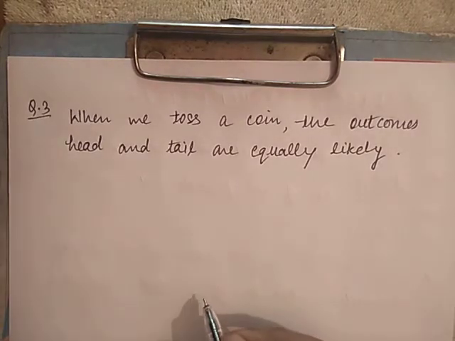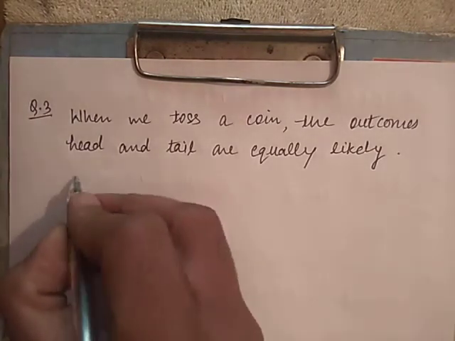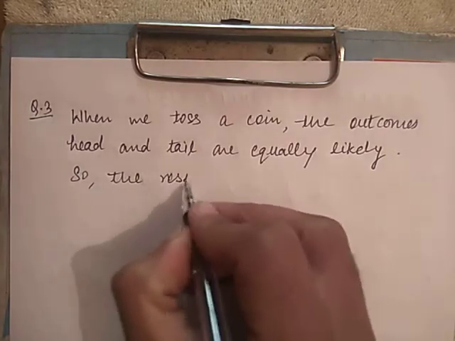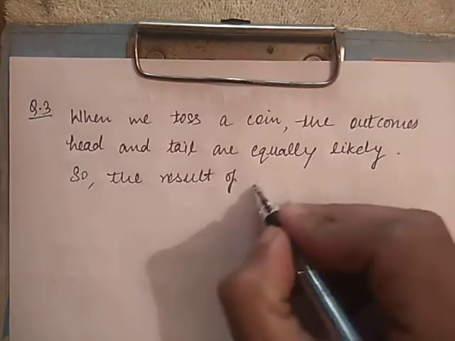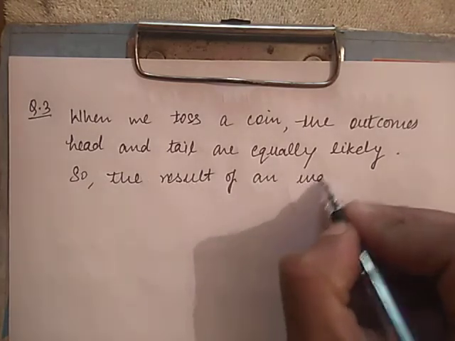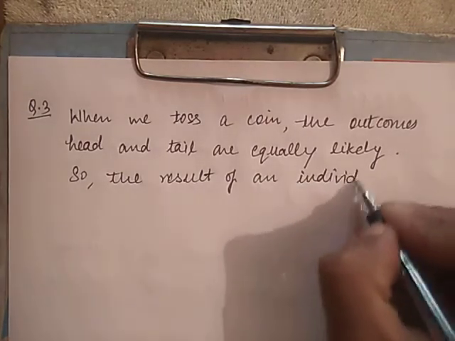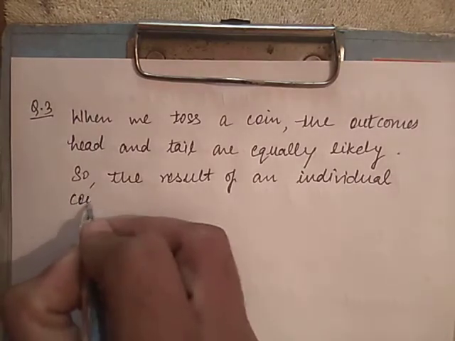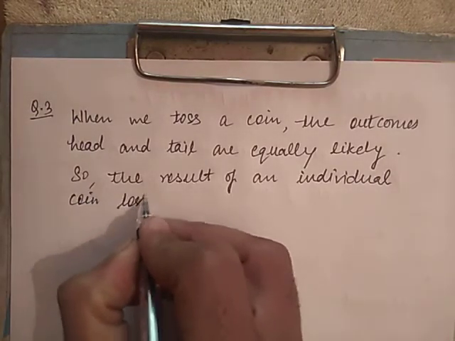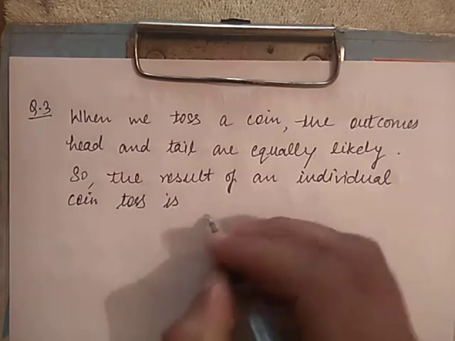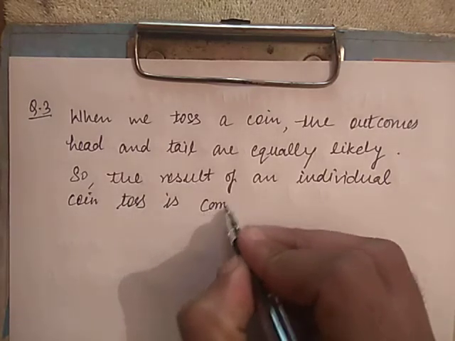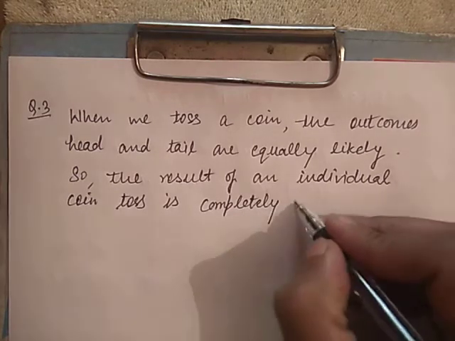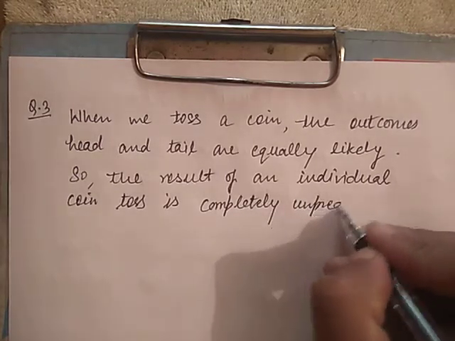So the result of an individual coin toss is completely, we can say, unpredictable.